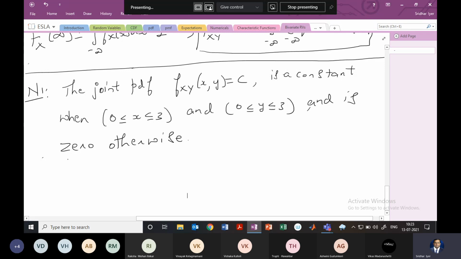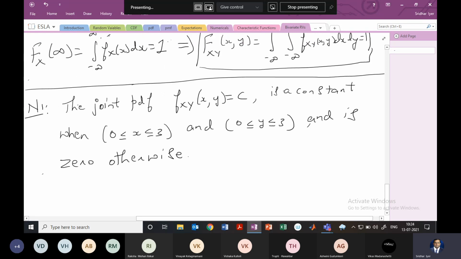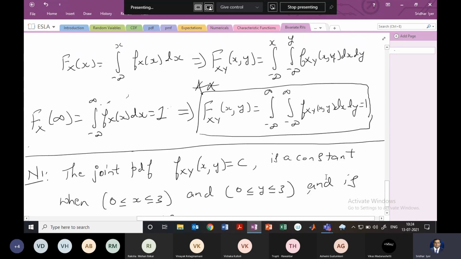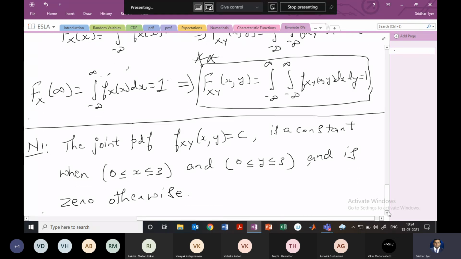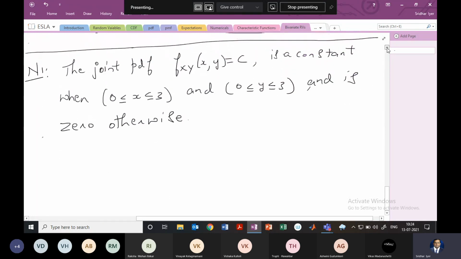We need to find multiple values, so I'll number them 0, 1, 2, 3, 4. I hope you are sitting with a pen and paper to note down the question. I'll ensure that the question is visible on the screen with the points that we need to find.